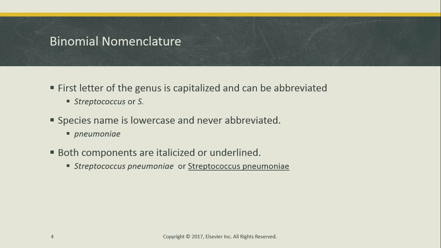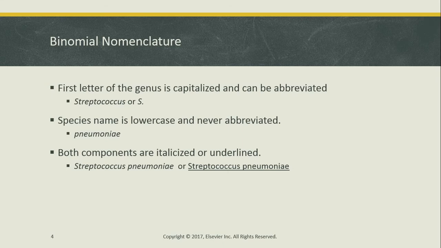Binomial nomenclature. The first letter of the genus is always capitalized, and this normally applies when you have something in writing. The first time the organism is named, the genus has to be spelled out. After that, you can just abbreviate it to its first letter.